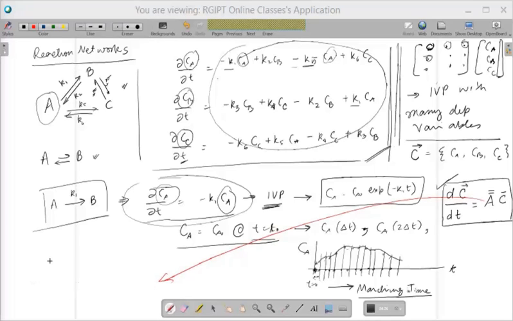And A I can write down as minus K1 minus K5, K2 and K6, K1, minus K2 plus K3 and K4, and CC will be having K5 here, CB K3 and K4 plus K6.